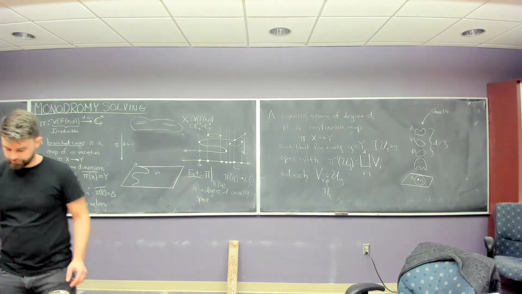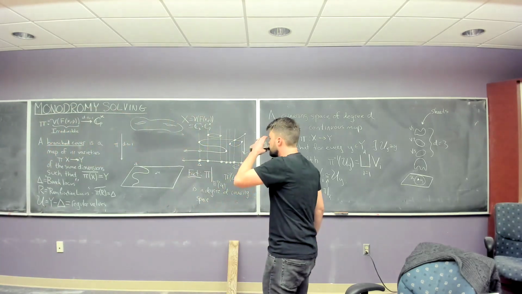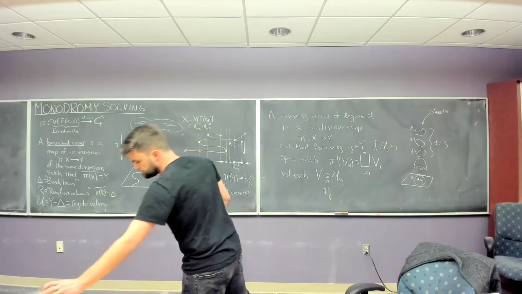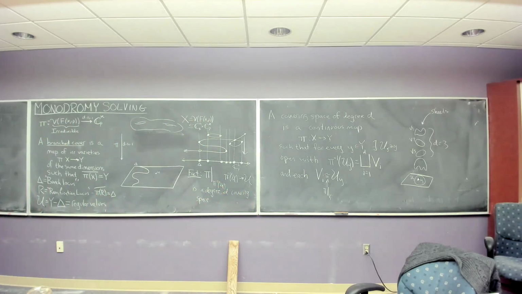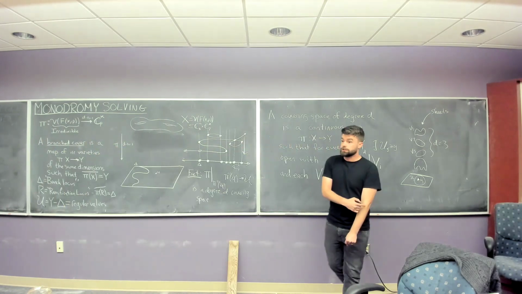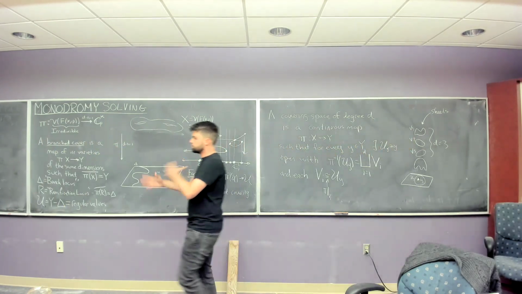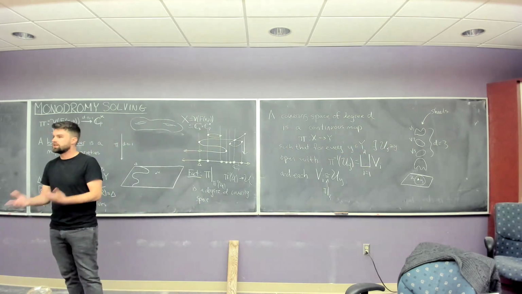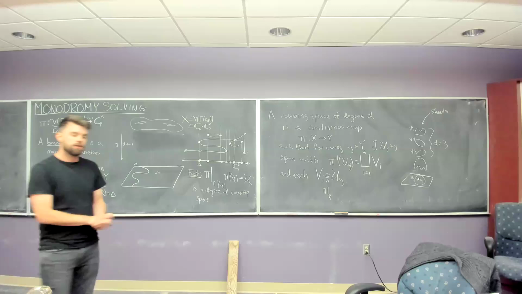Well, there are two topologies here. Which topology are we thinking, and does this depend on which one? Let me think. I think about it in the Euclidean topology, not the Zariski. One is stricter than the other, in the sense that all closed sets in the Zariski topology are closed sets in the Euclidean topology.